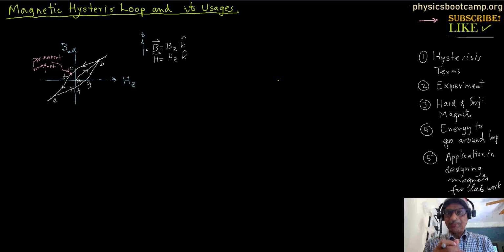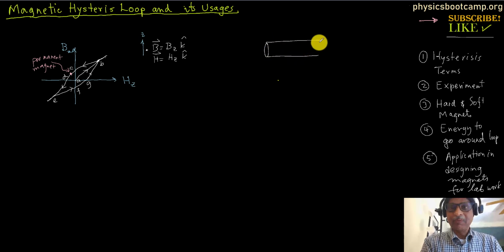So you could do like this. Here is a magnet, and then maybe you have wires, and you try to pass a current.